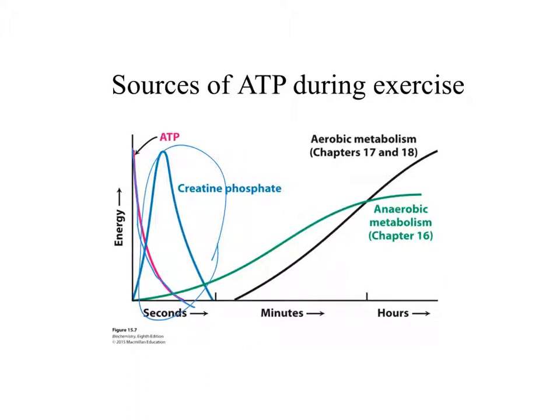But then that reserve is going to be depleted, and once the creatine phosphate reserve is depleted, then the ATP is going to have to be generated through metabolism, and that will happen through aerobic or anaerobic metabolism. So we have ATP that's present, quickly depleted, other high phosphoryl transfer potential substances like creatine phosphate in muscles can come into play and transfer a phosphate group to regenerate the ATP to continue to fuel the tissue. But then at some point that's depleted and we have to make more ATP.